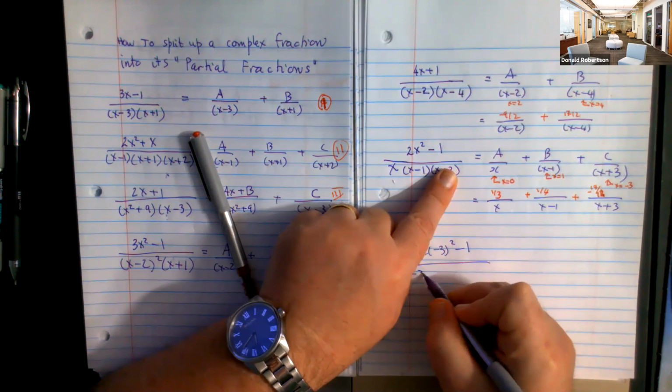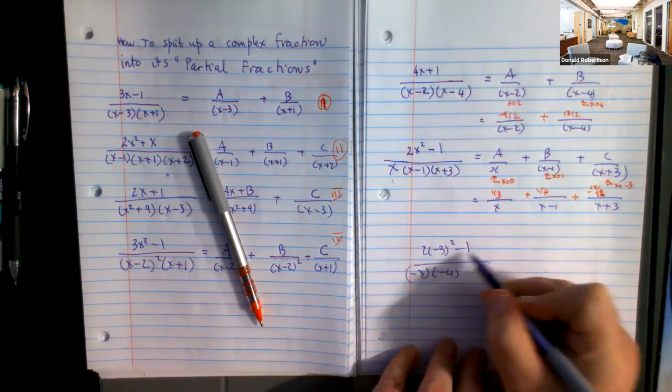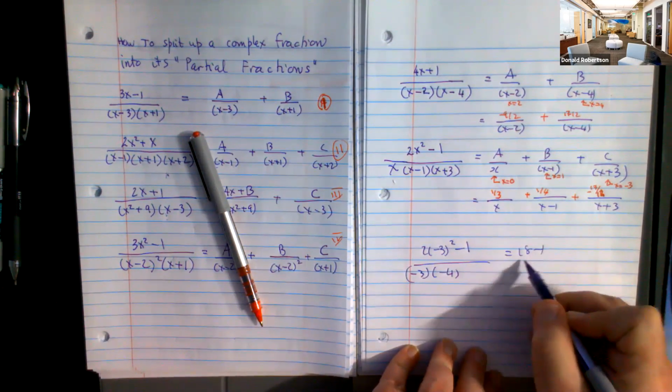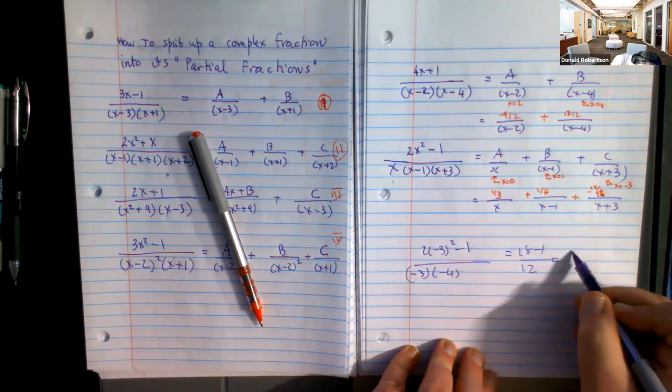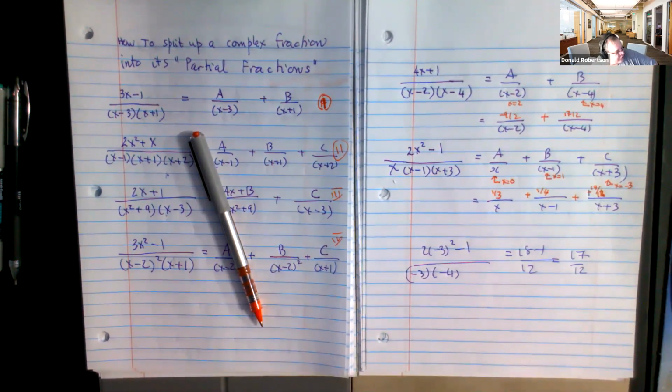Negative 3 times negative 4. 9 times 2 is 18, take away 1. Positive 12. Positive 17 twelfths. Okay, third time lucky. Positive 17 twelfths. Does that look good? At last, I got the nods I was looking for.